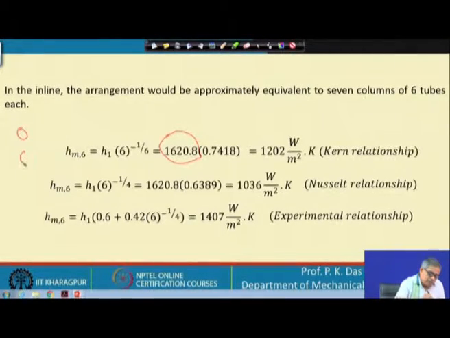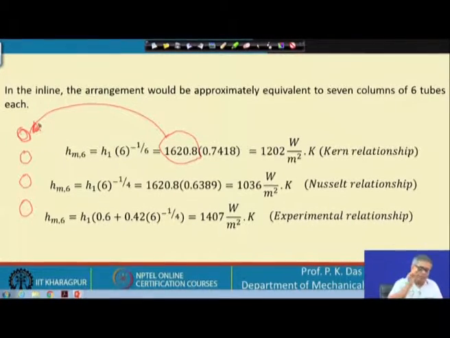This is the first tube, this is the second tube, the third tube, the fourth tube, and so on. The first tube is not affected by the condensate from the top, so we will have heat transfer coefficient h1, which we have calculated already in the previous problem. Later on we will have lesser heat transfer coefficients.